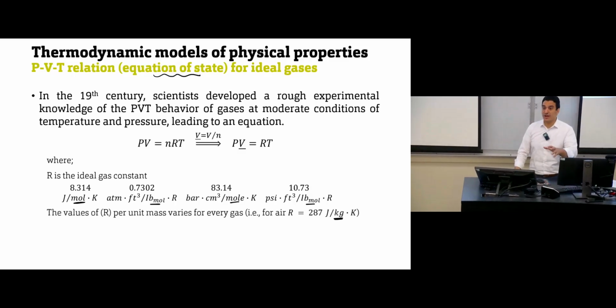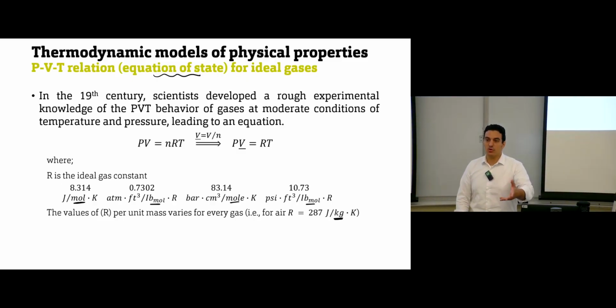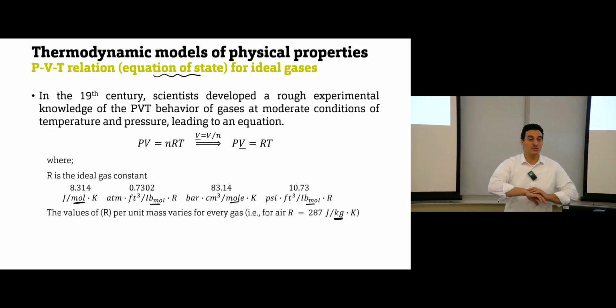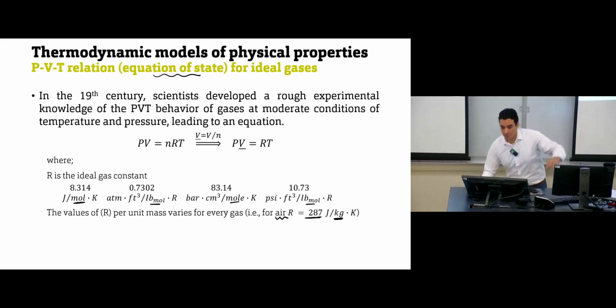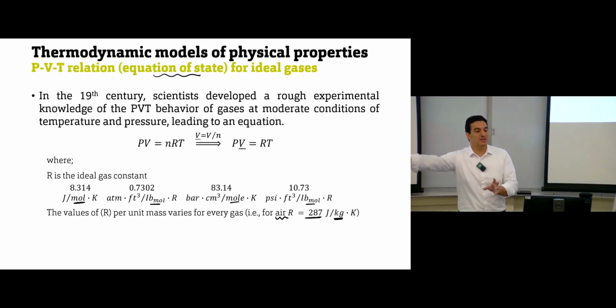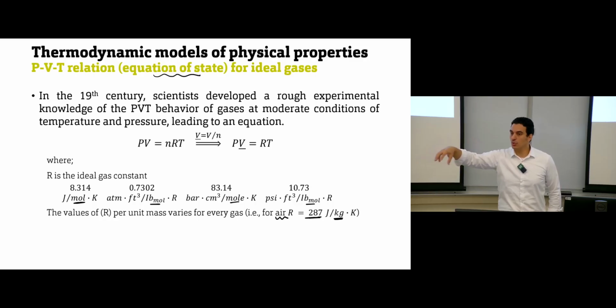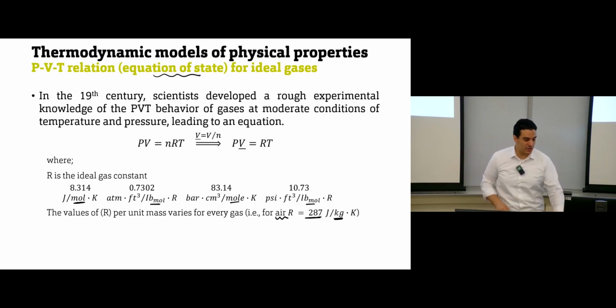Even the R value can be expressed per mass, not per mole, but this one will be different from one gas to another. This is why we use the R value that is per mole, which is a universal value. But if you have air, for example, this is the value of R for air if you want to express it per mass. If you have nitrogen, R will be different for nitrogen. So each substance has its own specific ideal gas constant if you want to express it per mass.